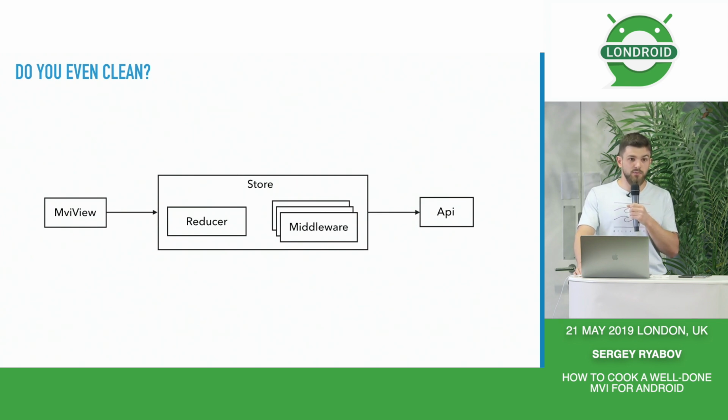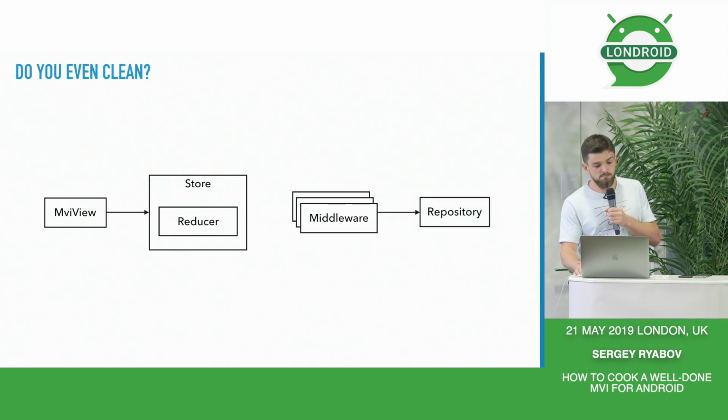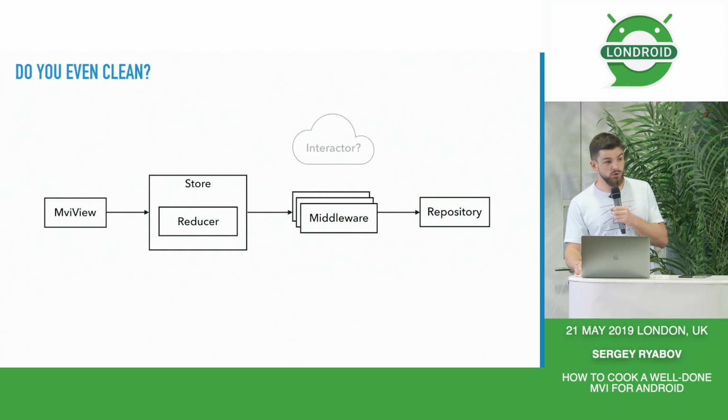We're communicating with the API here. If you are not as lazy as me, probably you will have a repository implementation that encapsulates the API and SQLite. And then you will see that middleware basically showcases the use case of your interaction with the server.